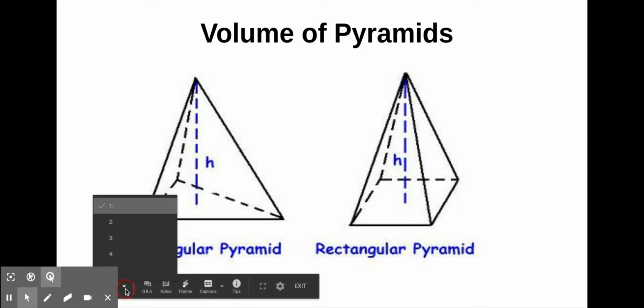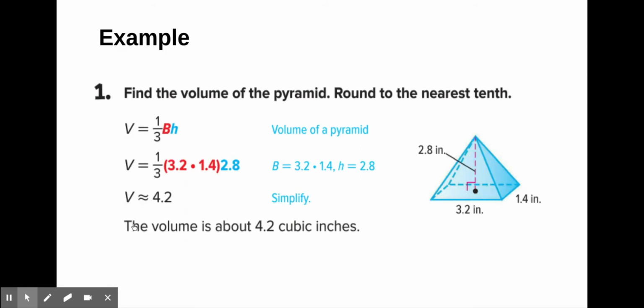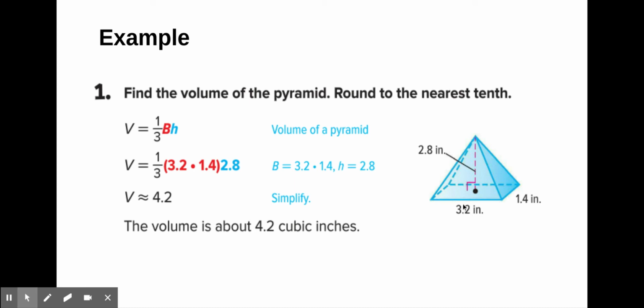Now let's go back here. We've got our equation, and let's talk about an example. So we're looking at this one with a rectangular pyramid, and we see that we have a base here, which is rectangular. We're going to find that area, which would be 3 2/10 times 1 4/10, which is what's happening right here.